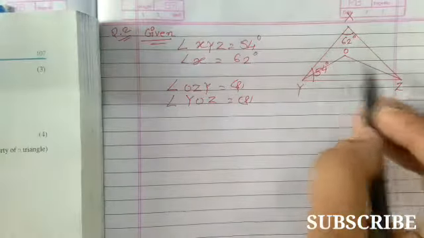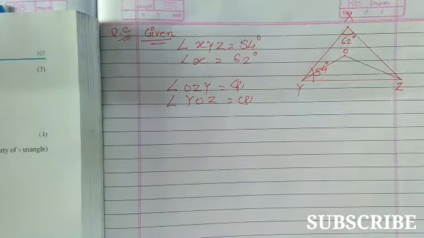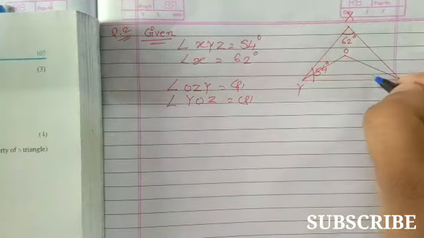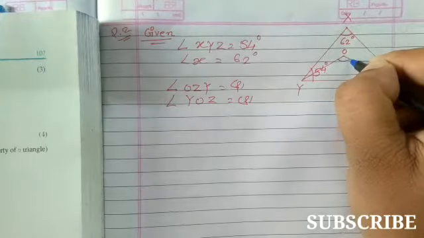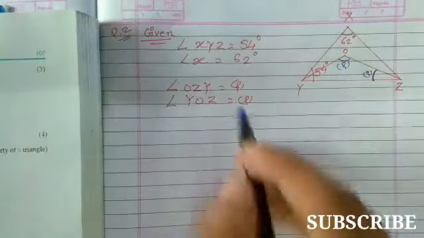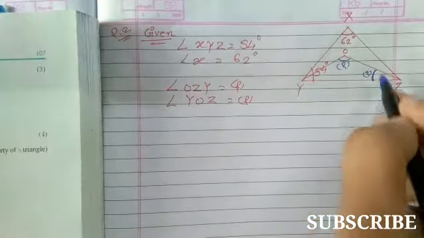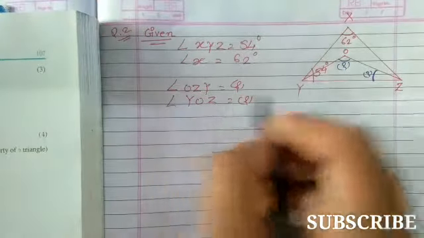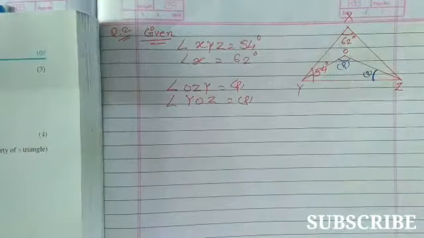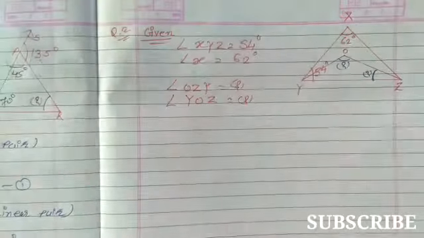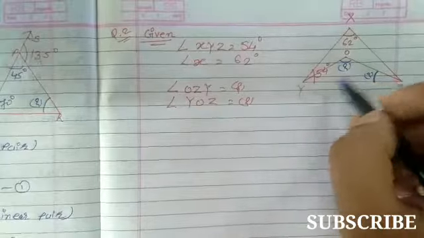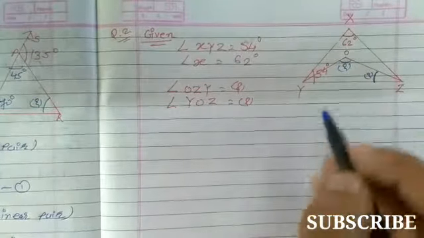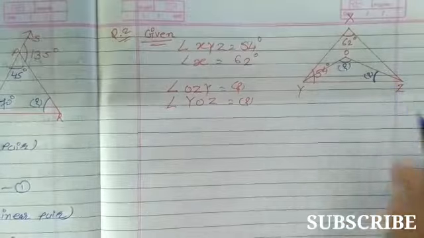So OZY, that means in this question we need to find out this angle, and again this angle. OZY means this one, and YOZ means this one. So dear students, how can we find this? Look here: OY and OZ are both bisectors of angle Y and angle Z respectively.